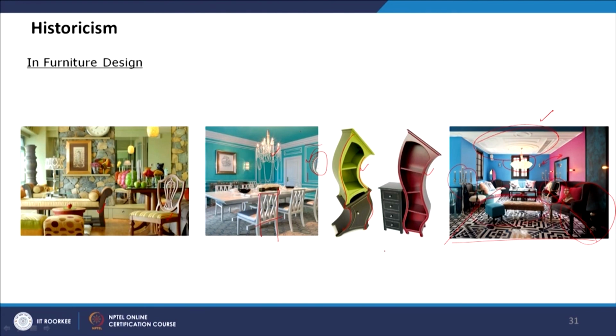Many of the furnitures are also very contemporary, similar to Andy Warhol's expression of the pop movement, with cushions blended with furnitures taking inspiration from history, going along the thought process of historicism.